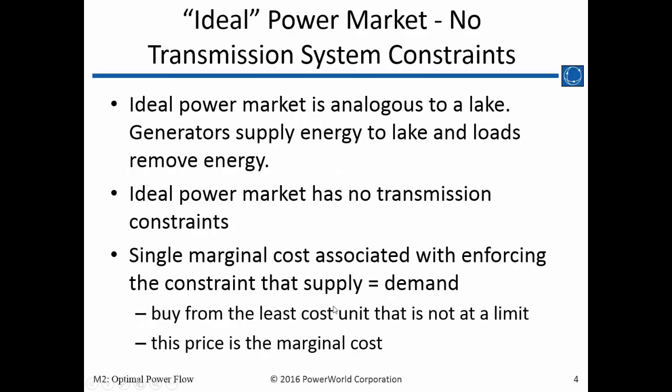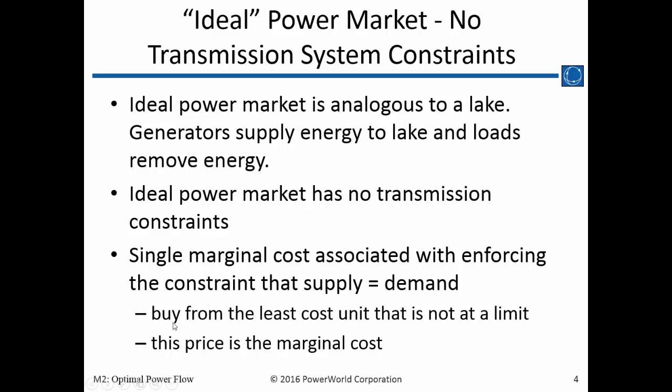Again, as we talked about in the last section, an ideal power market, or one without transmission constraints, is kind of like a lake or a cloud where you've got generators dumping power in and loads taking power out. If there's no transmission constraint, then you have a single marginal cost and a single clearing price, based on the only constraint being that supply equals demand.